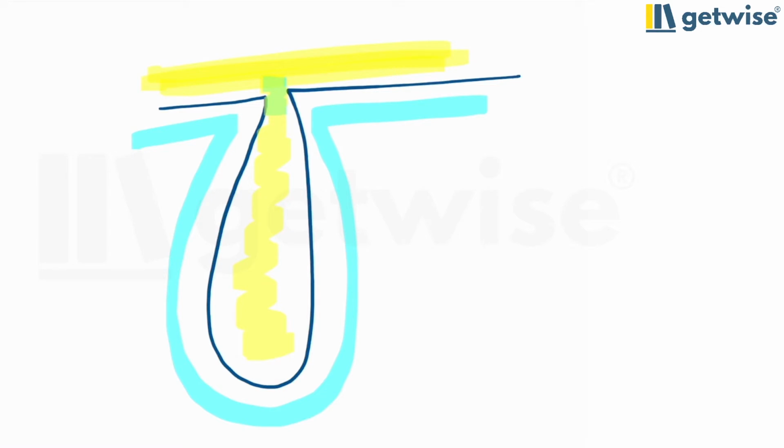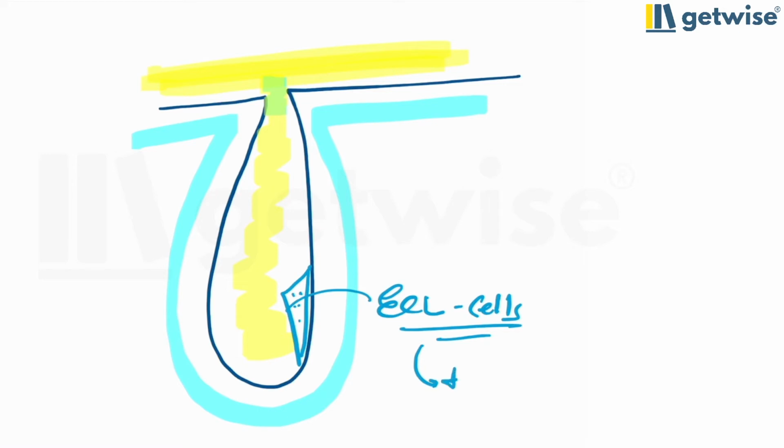In the gastric gland, we have different kinds of cells. The first cell is called the ECL cell, enterochromaffin-like cell, and it secretes histamine.